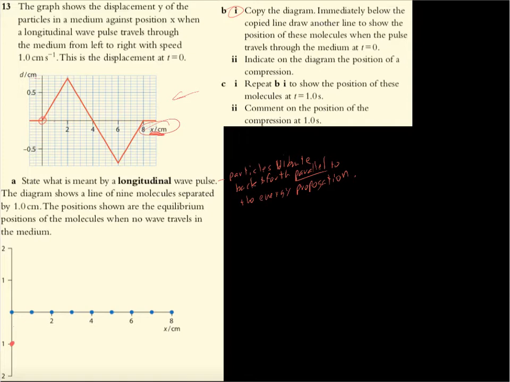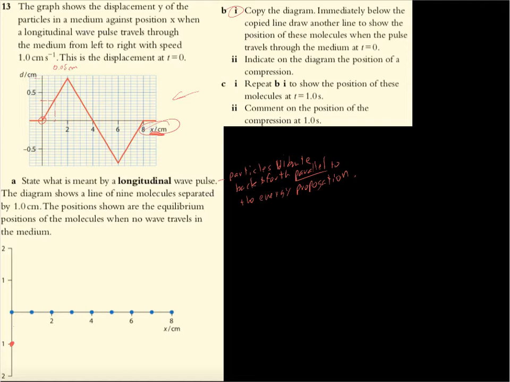All right, the next one, particle at 1 here. If you look, each one of these lines, it looks like there's 1, 2, 3, 4, 5, 6, 7, 8, 9, 10. So each one of those is 0.05 centimeters or half a millimeter. So it looks like number 1 here is up at 0.35 centimeters.